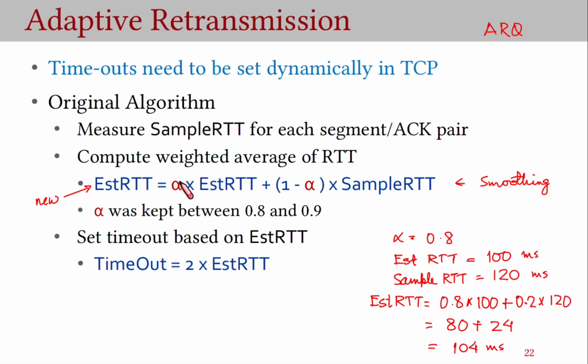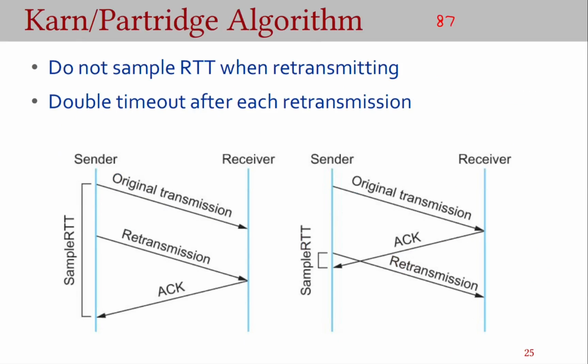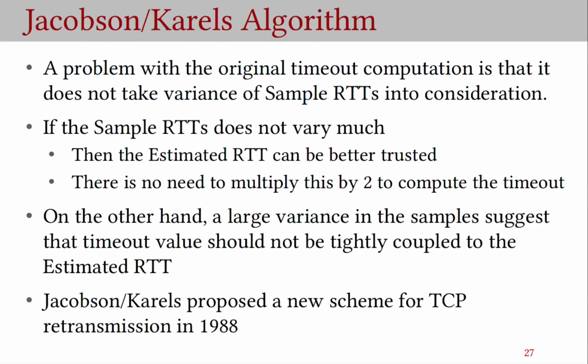So if there is not much variation, the timeout could be equal to the estimated round trip time. On the other hand, if there is large variance in the samples, then the timeout should not be tightly coupled with the estimated round trip time.